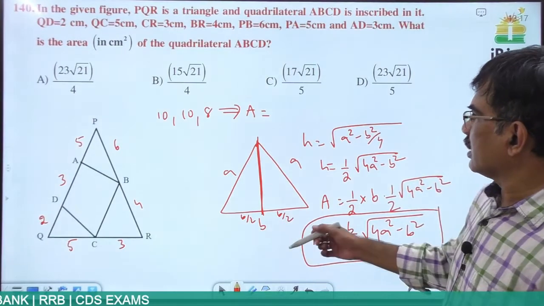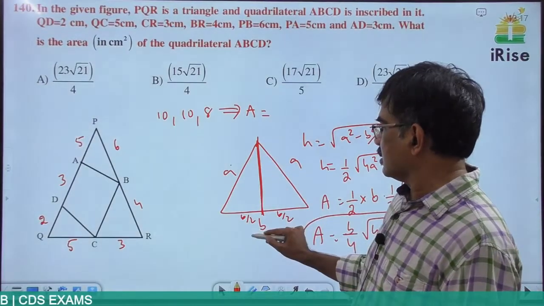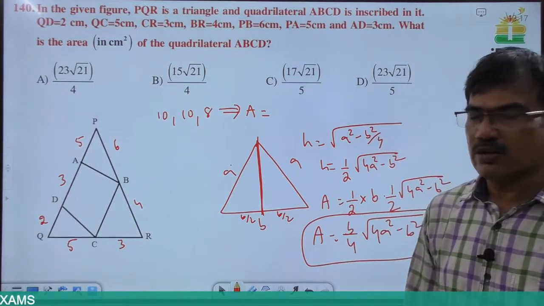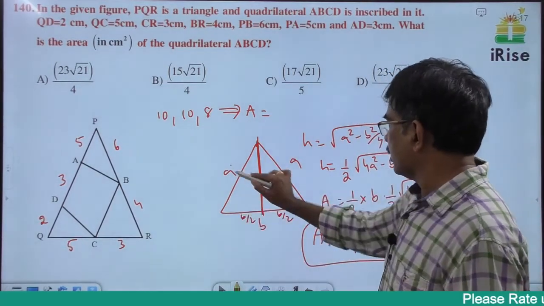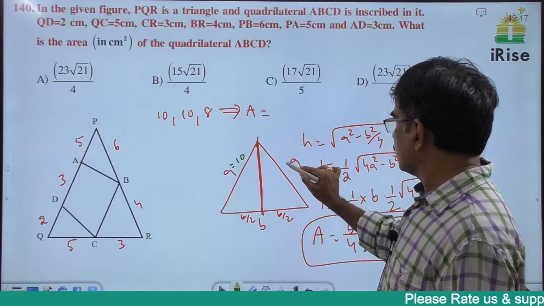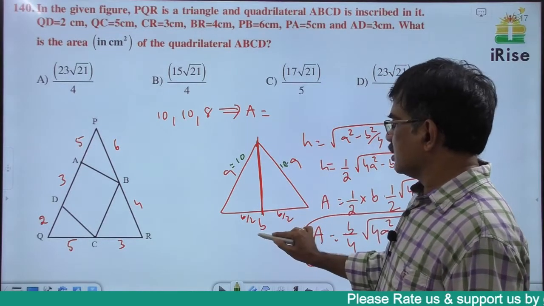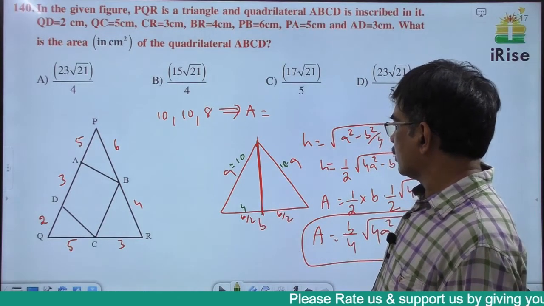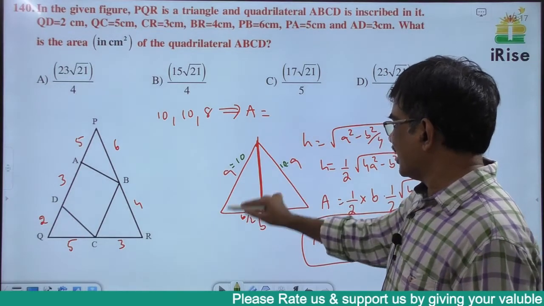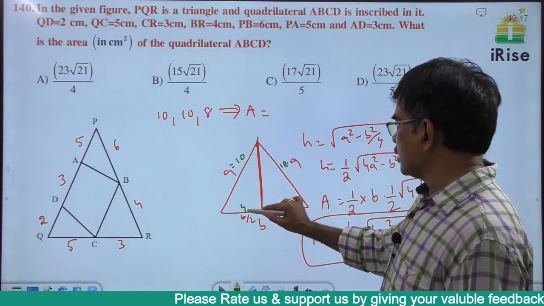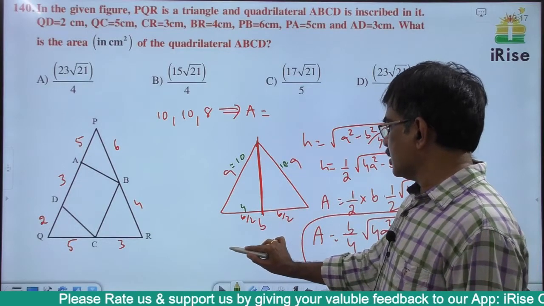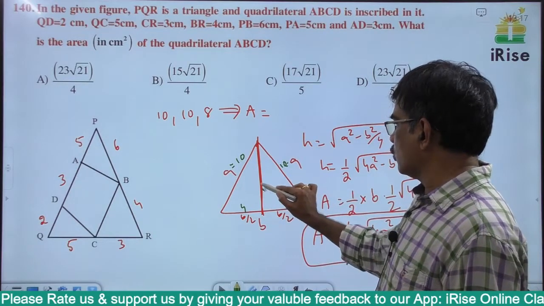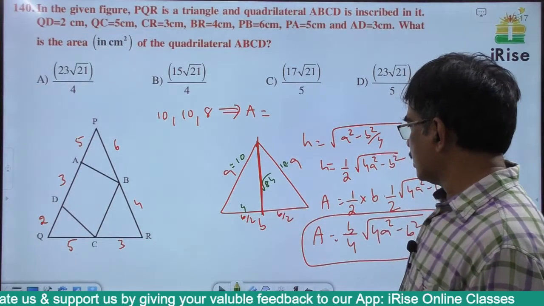Otherwise we can write directly this is 10, this is 10, this is 8. Then what is the area of this part? See carefully, use either the formula or directly. If this is 10, this is also 10, this is 8, so this part is 4. If this part is 4, 100 minus 16 is 84, root of 84 is the height.